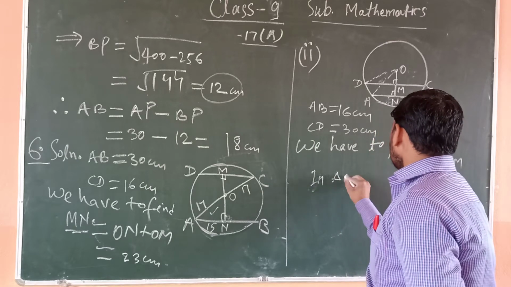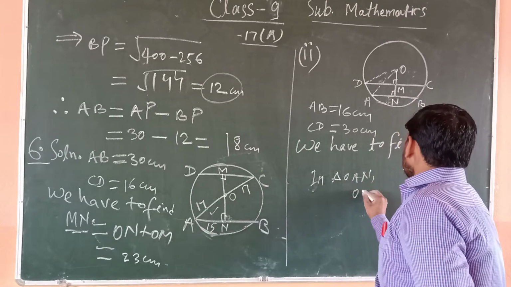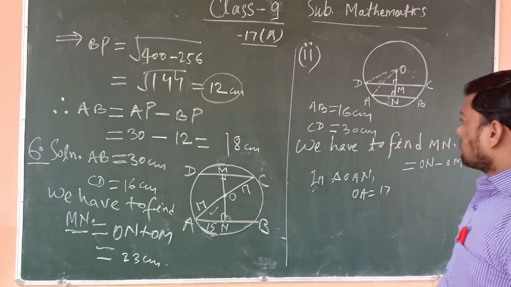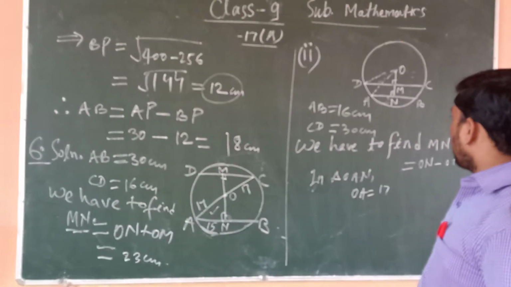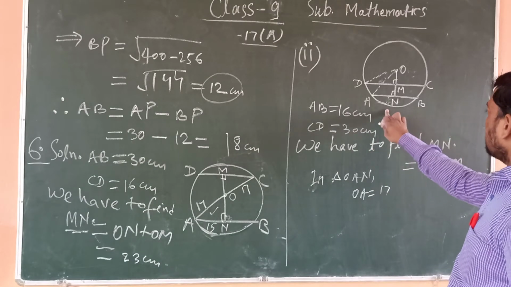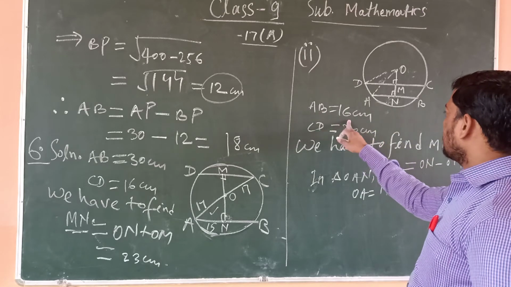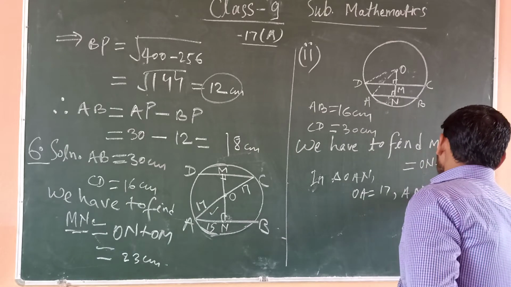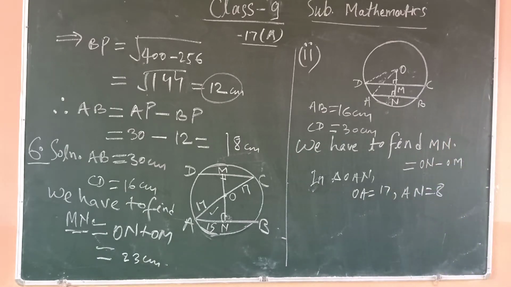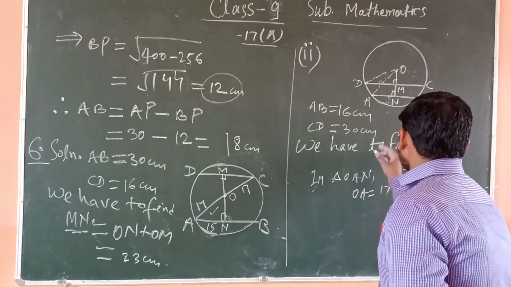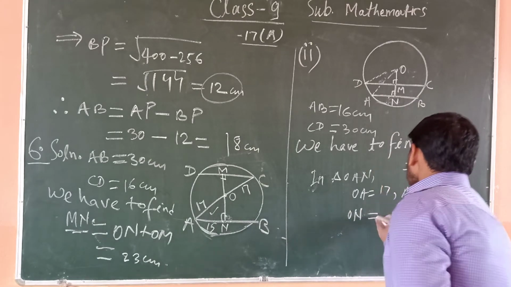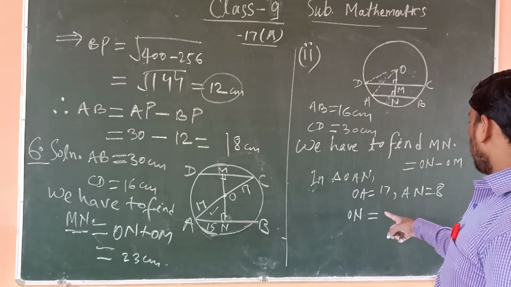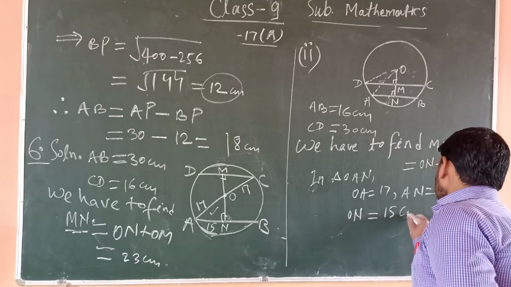In triangle OAN, OA is 17 centimeter, and AN: see, AB is equal to 16, so AN will be 8 centimeter. Therefore, using Pythagoras theorem as you have seen, ON is equal to 15 centimeter.